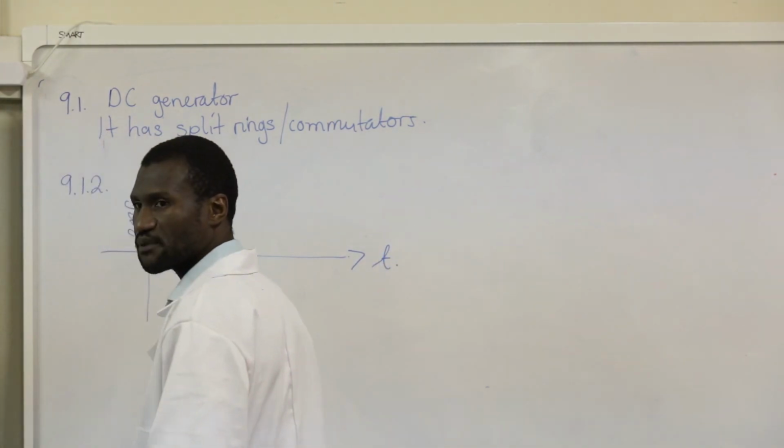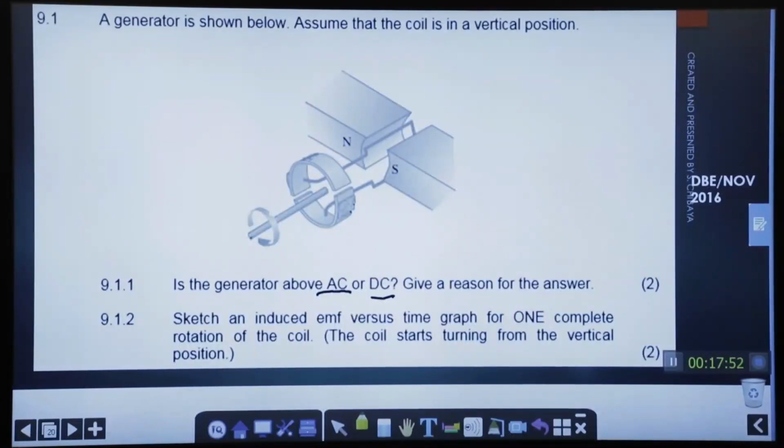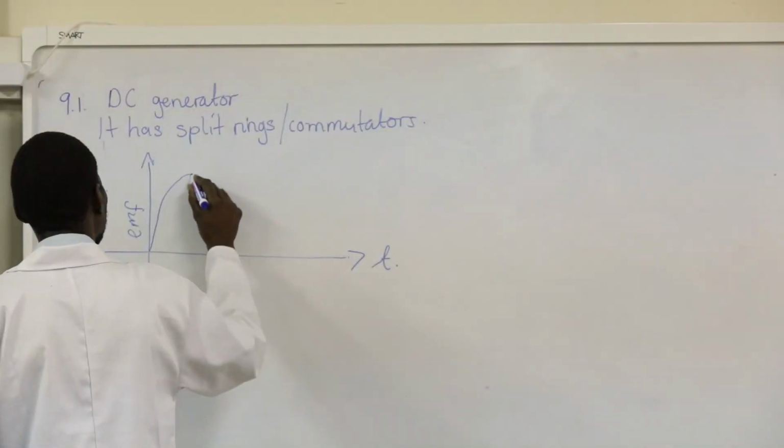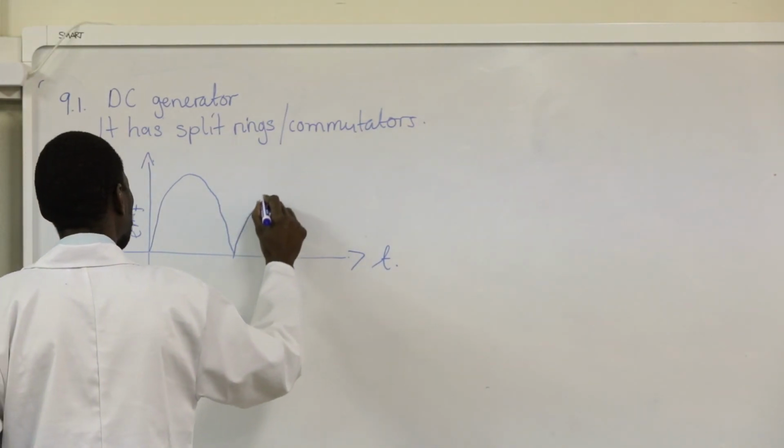What is going to happen basically is that if this is half a turn, the generation will be on one side. So I will draw my graph like that.